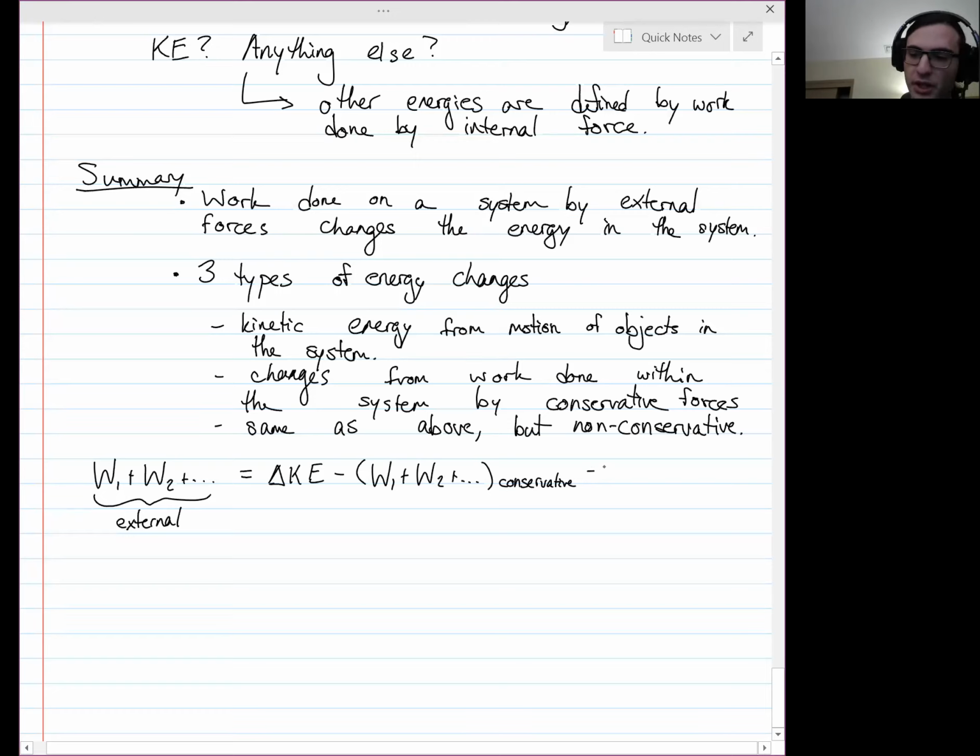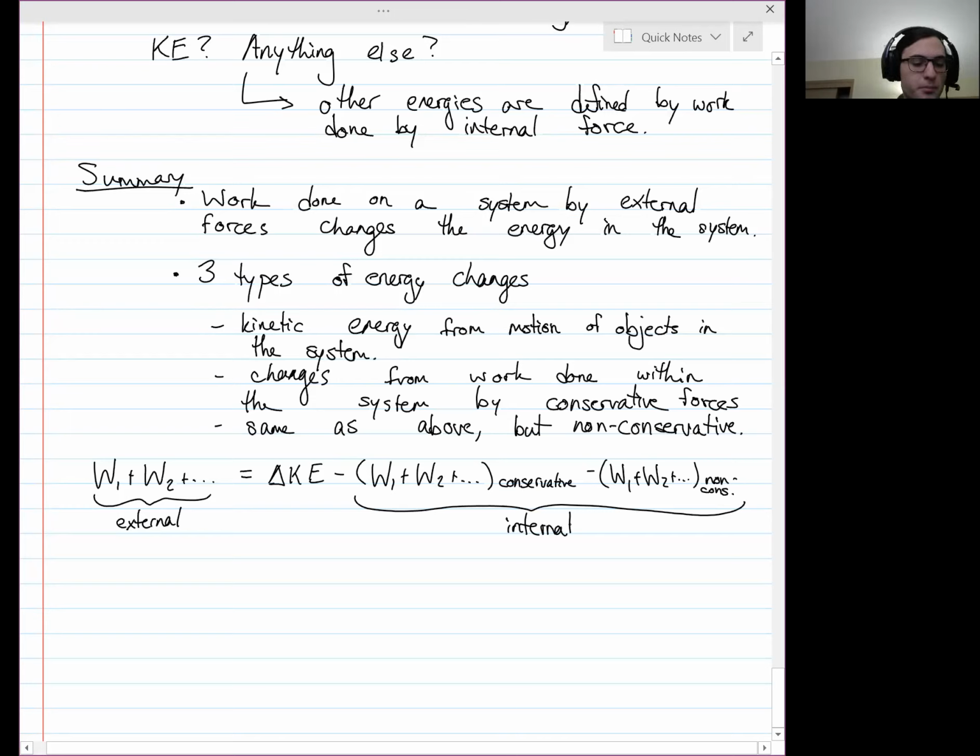Oh, I'm gonna run out of room. Minus W1 plus W2 plus ... non-conservative. And these are both internal forces, or internal works.